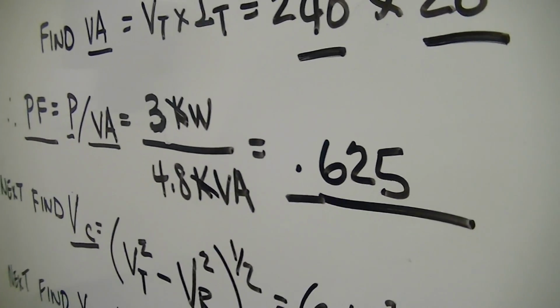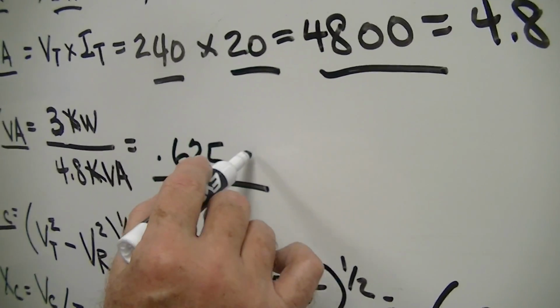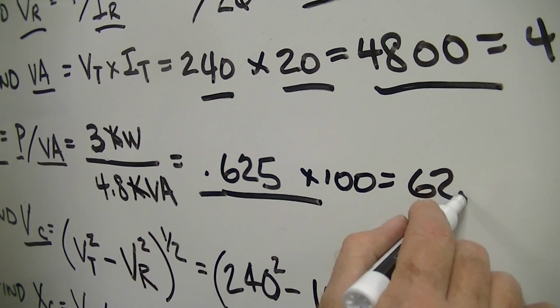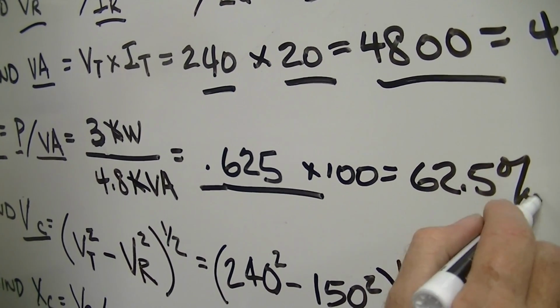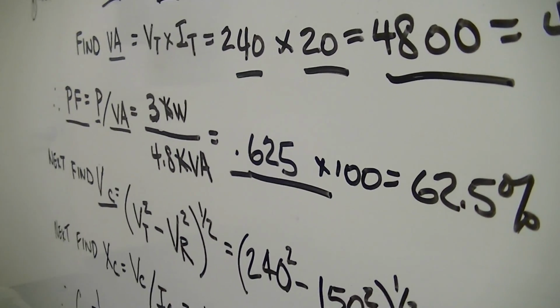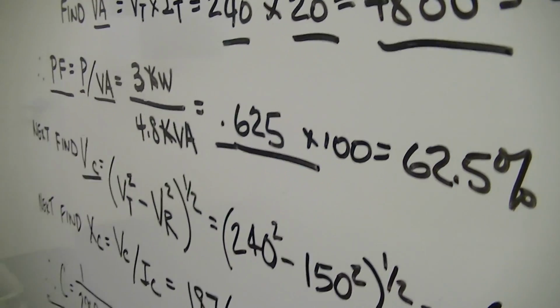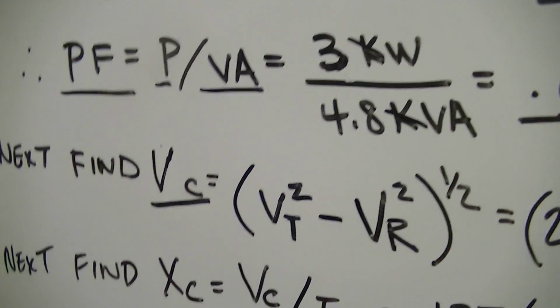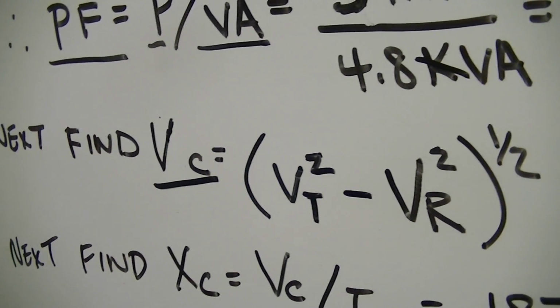Or another way of expressing that is you can times it 100, and you could say 62.5%. Either way, it's the same number. It's just a matter of whether you're expressing it as a fraction or as a percentage. And this is where I found out that I didn't need this other one.